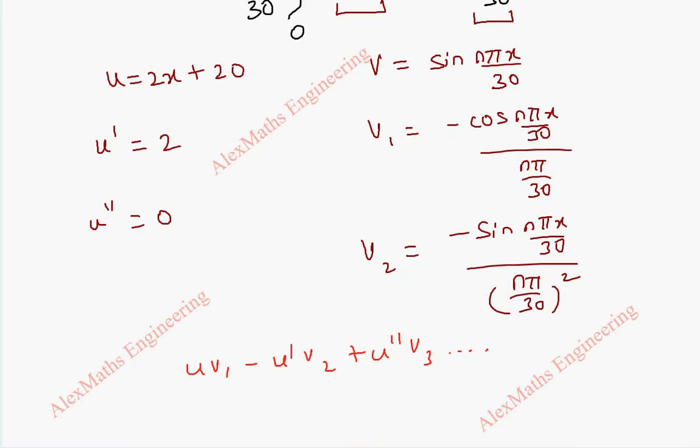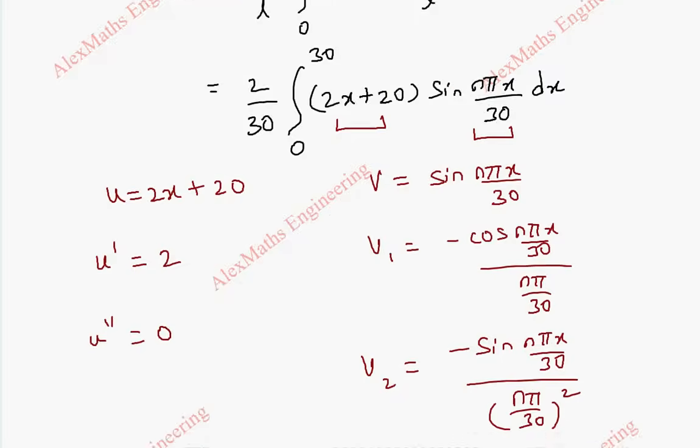And here in the constant bn we have outside 2 by 30.